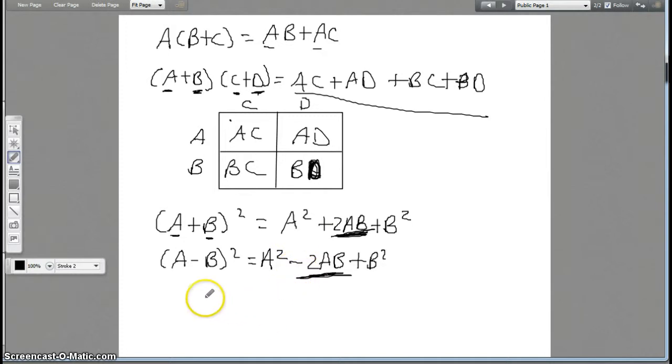And the last thing to be sure that you recognize is if you have the sum of two terms multiplied by the difference of those same two terms, what you're going to have is the first term squared minus the second term squared. And of course, if you see the square of some number minus the square of another number, what you're going to have is the first number plus the second number multiplied by the first number minus the second number.